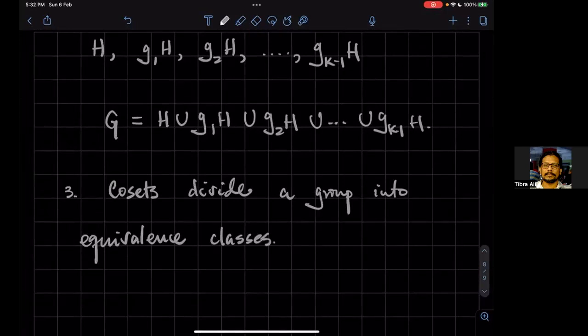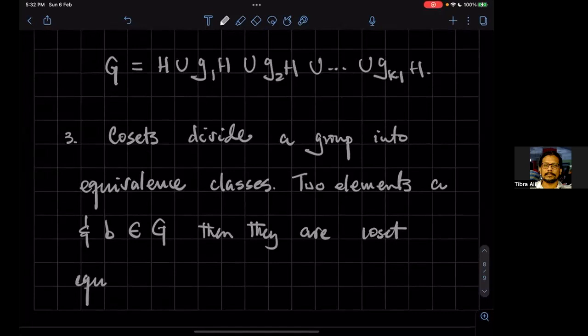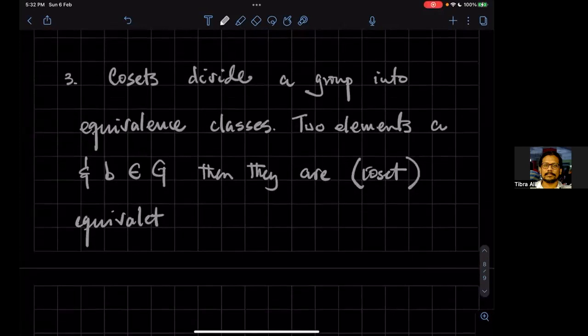So what does it mean? That means that if we have two elements, say A and B, which are both in G, then they are, I would say, coset equivalent. From the context, we know that we are thinking about the coset. There are other equivalence classes, which we will talk about.